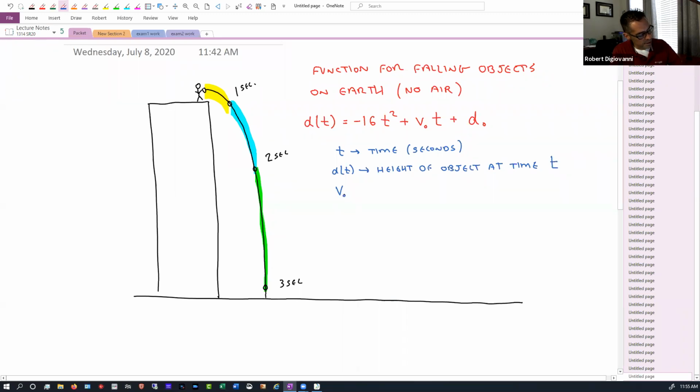V with this little 0 below it, we say that V naught is the starting velocity of the object. I'll explain that in a minute. Let me just write this all down.